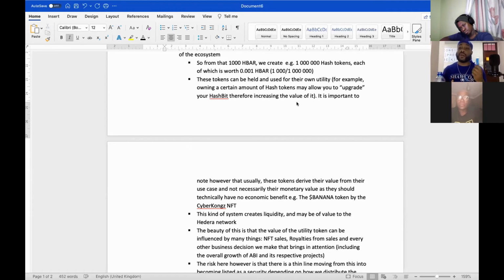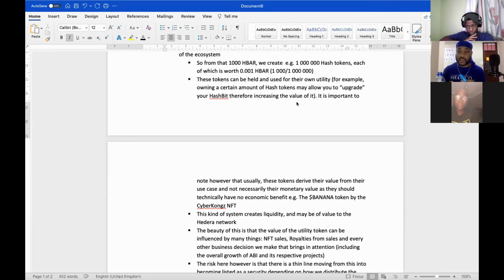For example, if you own 500 hash tokens, you can upgrade your hash bit in a particular way, driving up its price. If you have 1,000 of them, you can be added to a particular community with specific access to different types of things. That's how we use hash tokens to incentivize people to participate in the creation of our hash bit project.